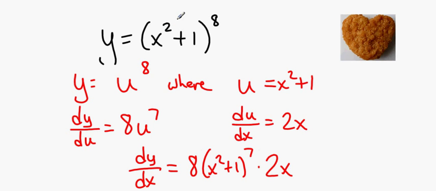If I see that this thing is chicken nugget to the 8th power, the derivative is 8 chicken nugget to the 7th times the derivative of the inside. And then we do not, under any circumstances, try to simplify that at all ever because, well, that's a mess. So we don't do that.